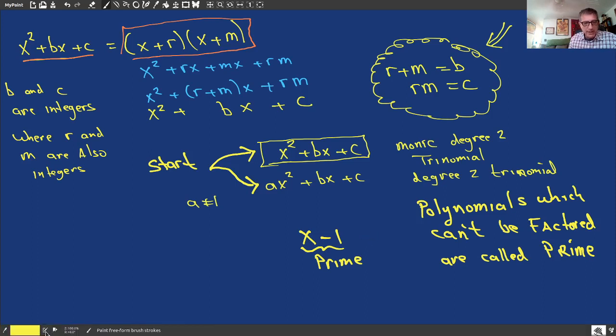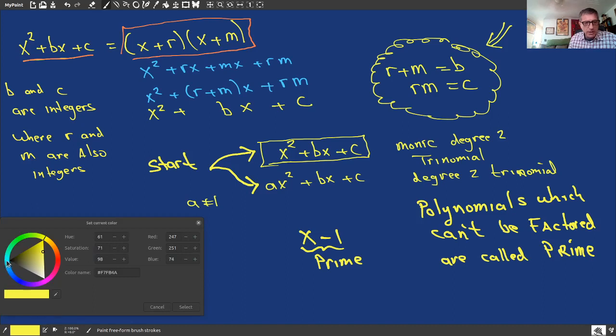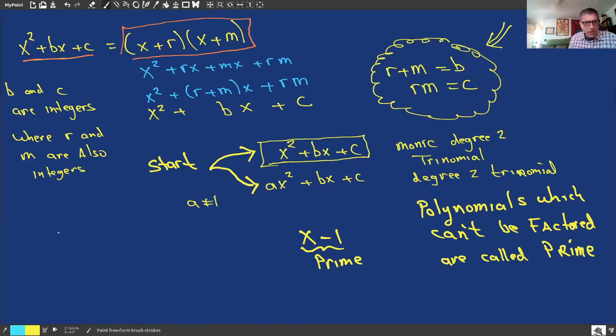But here is the caveat. Here is what I want you to know. On exams, not necessarily homework, all trinomials can be factored. That means I'm not going to put any primes on the exam or quiz.